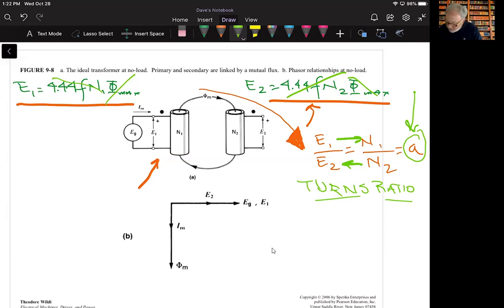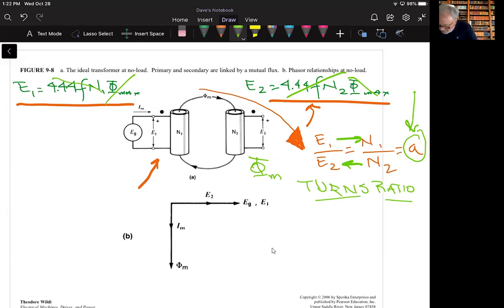Again, this all works very well because we are assuming that this flux that's created completely links both sides of this.